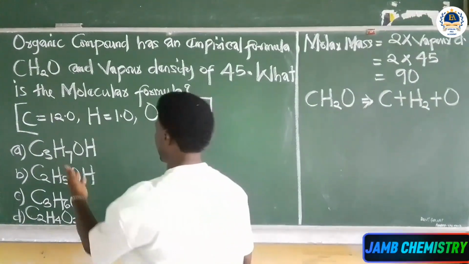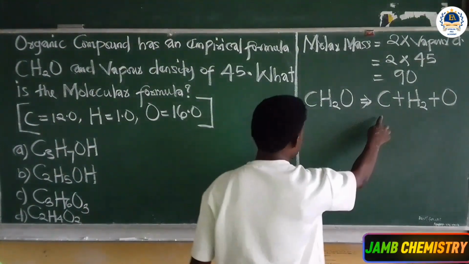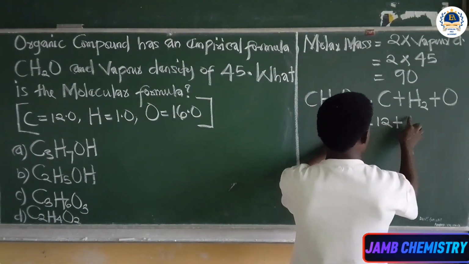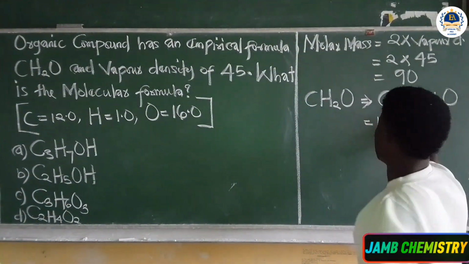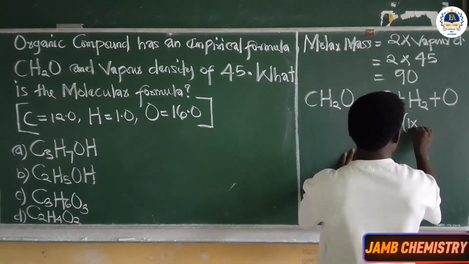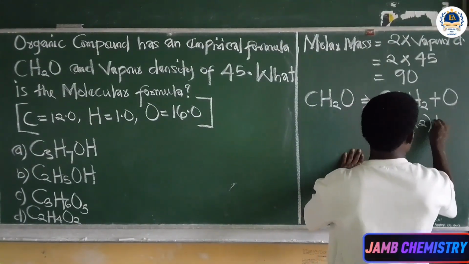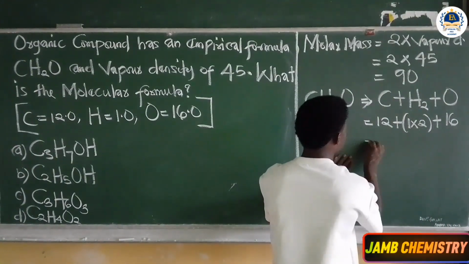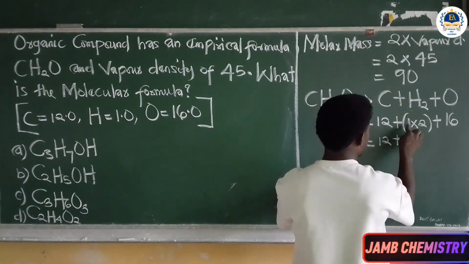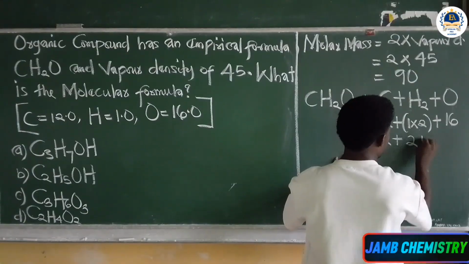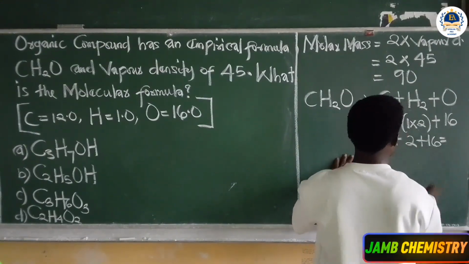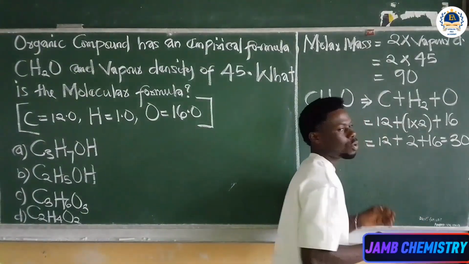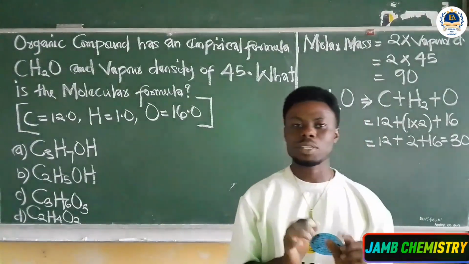The masses were given in the question. So C is 12, plus H is 1, times 2, subscript 2, plus O is 16. So we have 12 plus 2 plus 16, which is equal to 30.